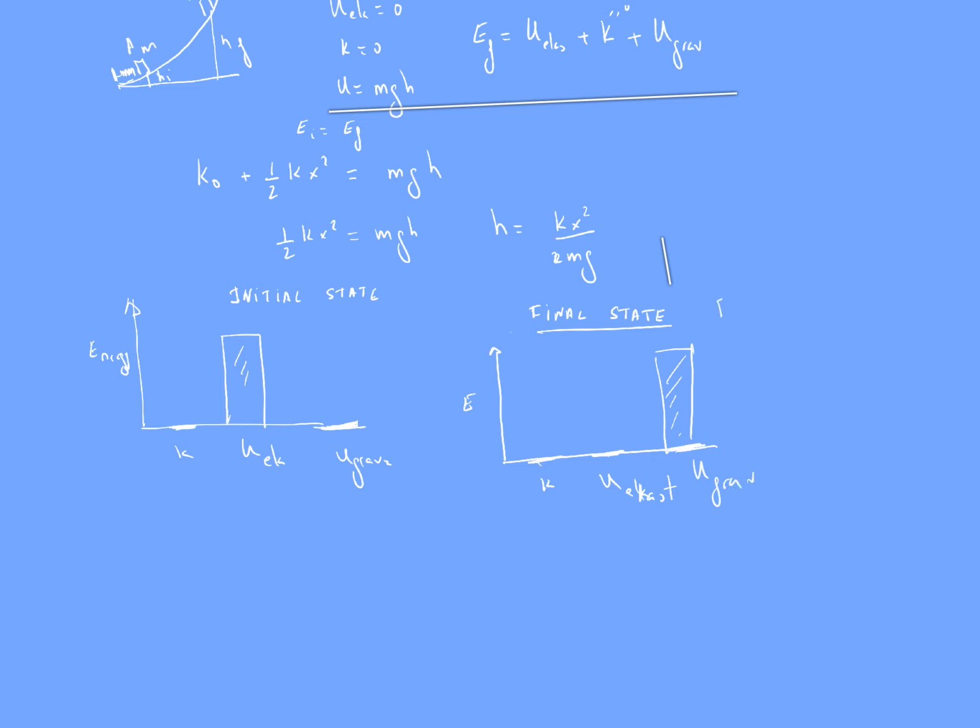So this is the final state at the position B, this is the initial state at the position A. The whole energy has been converted from elastic potential energy to gravitational potential energy.